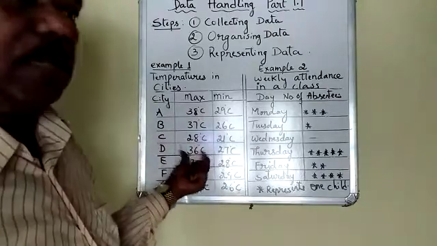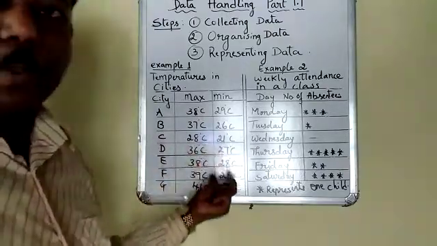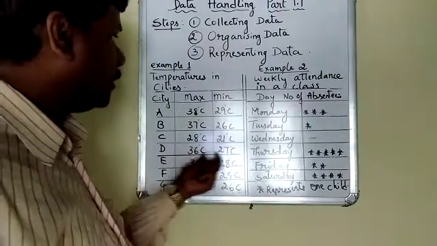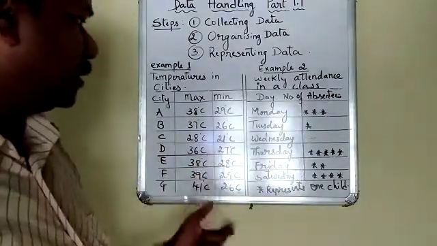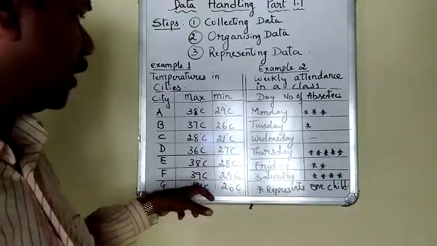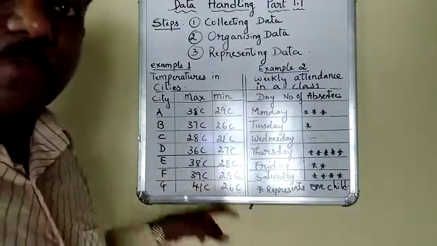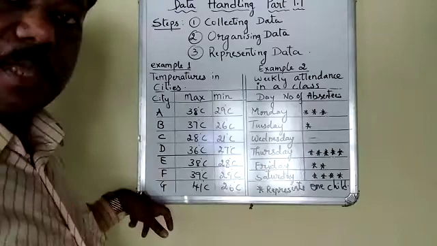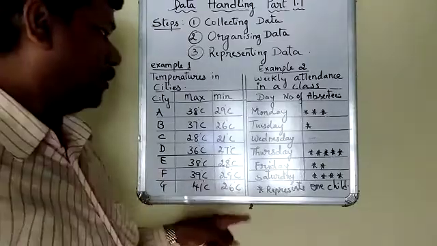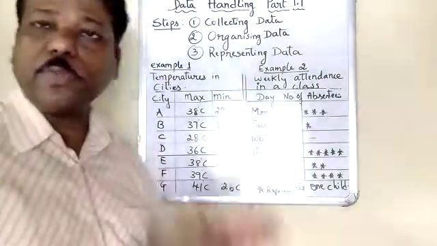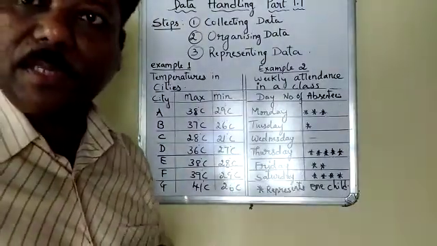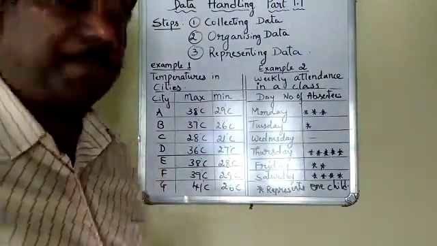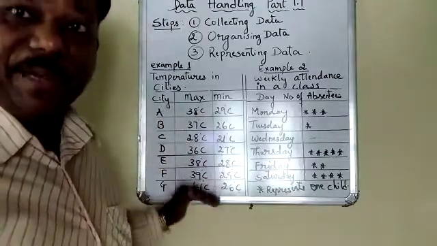For city C, 28 and 21 degrees Celsius. 36 and 27 for city D. For city E, 38 degrees Celsius and 28 degrees Celsius. 39 and 29 degrees Celsius for city F. And for the last city G, 41 degrees Celsius and 26 degrees Celsius. So I have collected information from different cities, maximum and minimum temperature, and then I have tabulated them.